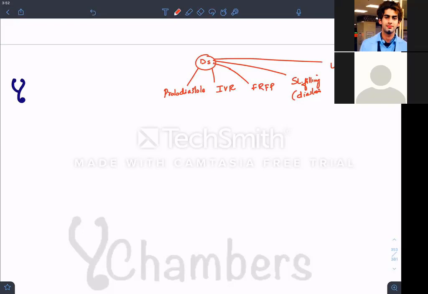What is protodiastole? If they ask you, first visualize: it is the period just before the closure of the aortic and pulmonary valves. My eyes are closed, your eyes should also be closed. I should be thinking about the two valves, the two sides, right ventricle, left ventricle, and I should be seeing those pipes.